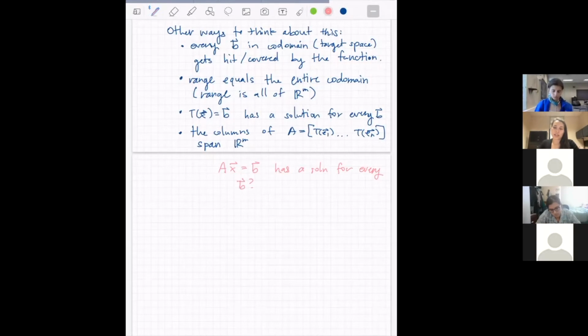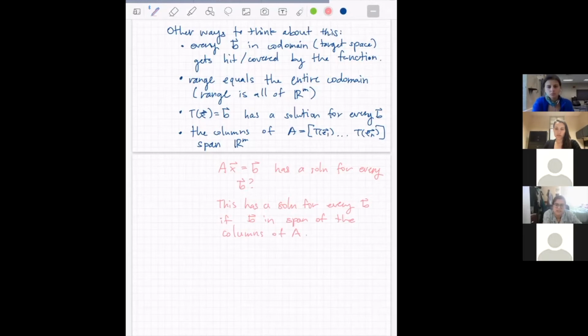And we said that this did happen, we had a solution for every b, if b was in the span of the columns of A. Does that ring a bell?